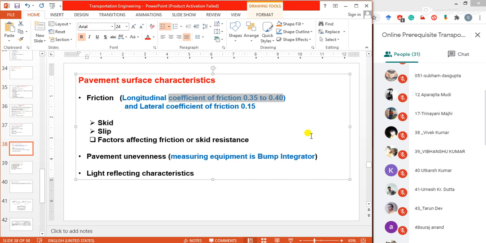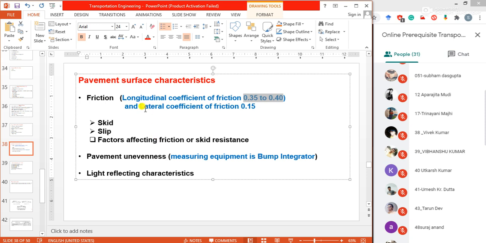Friction is a natural thing. Friction can happen in the longitudinal direction and also in the lateral direction, when the vehicle moves laterally. In the longitudinal direction the coefficient of friction should be 0.35 to 0.4. This value is important, you should note.